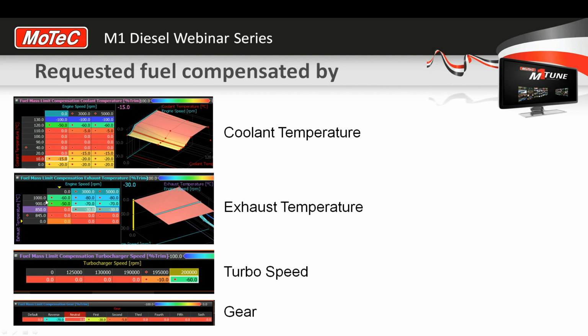You can see based on exhaust temperature we're removing a significant amount of fuel as it gets hotter and hotter. And same with turbocharger speed. We haven't started talking about turbo speed, but generally with diesel engines we're running turbos right on the limit of exploding, and that is because the more air we can get through our engine, basically the more power we can make.